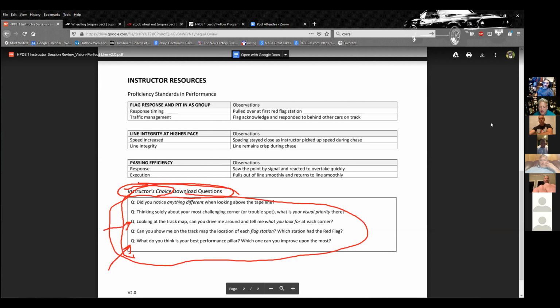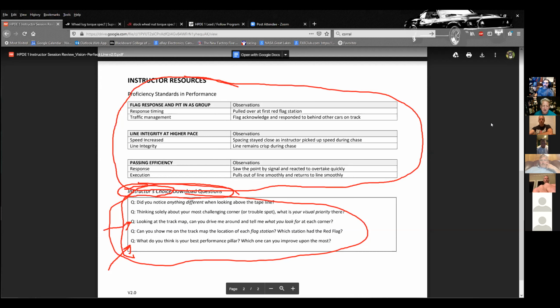And if I were you, I would spend more time on this. This is, what am I doing in the car looking backwards? In other words, I've got to train myself to go, did that guy pull over at the first red flag station? And did I remember it? You know, because it happened on the 3rd lap and we did 8 laps. Did they do it or not, right?